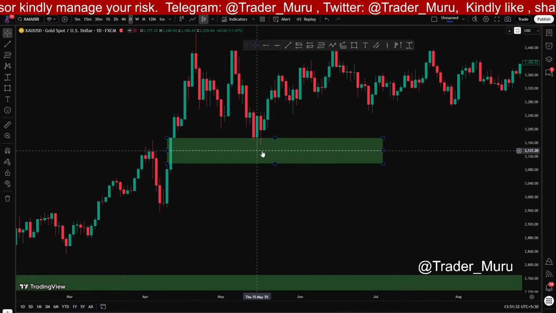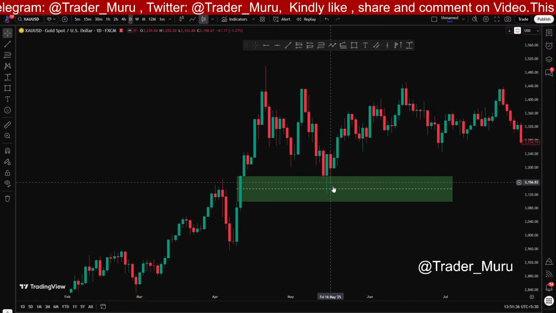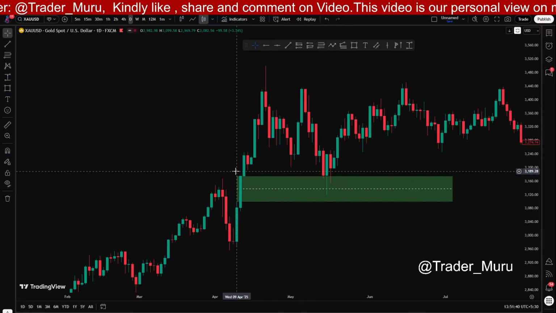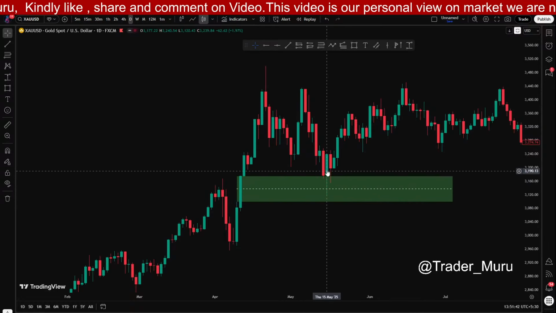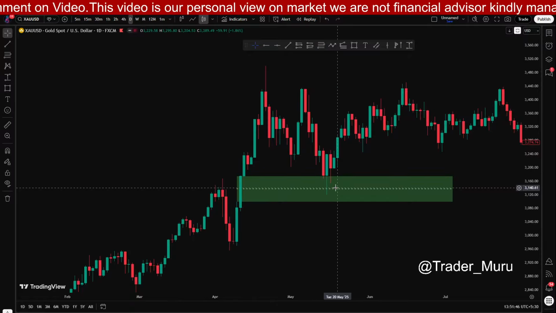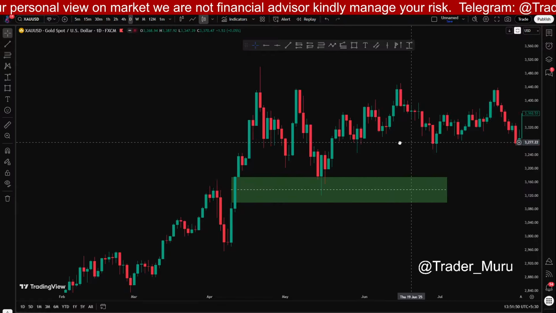See this 50%. Price will not close below the 50% of FVG. If this is a valid FVG, if price wants to hold this FVG, it will not close below 50% of that FVG. It will just test and move.